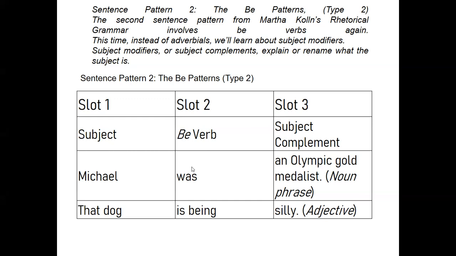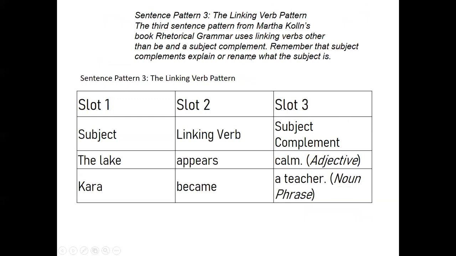Because we have gone back to it from last time, let's go with pattern number 3, the linking verb pattern. The third sentence pattern from Martha Collins' book Rhetorical Grammar uses linking verbs other than be and subject complement. Remember that subject complements explain or rename what the subject is.